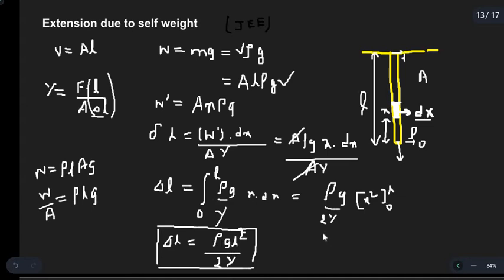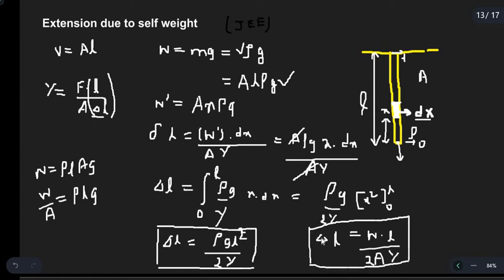So आप इसको थोड़ा चेंज करेंगे तो rho L g into L, क्योंकि आपका L स्क्वायर है तो इसको आप W upon A कर लीजिए और देखिए तो क्या आप इसको ऐसे लिख सकते हैं, W into L upon 2A y. I think ये भी आप लिख सकते हैं and this is also a very important formula.